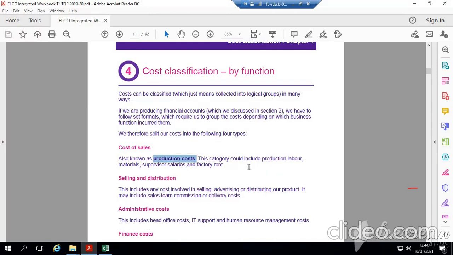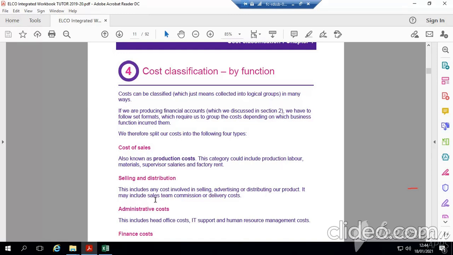This category could include production labor, material, supervisor's salary, and factory rent. So cost of labor, cost of material, supervisor's wages, and rent of the factory. This is cost of sales.